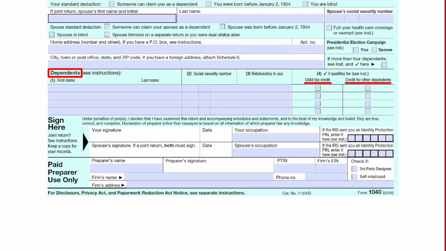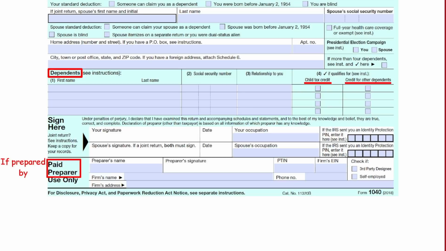Next, you've got the signature section where the taxpayer must sign off. If it's a joint return, both the husband and the wife need to sign. And the last section of this page, right? If prepared by, and a box around paid preparer.